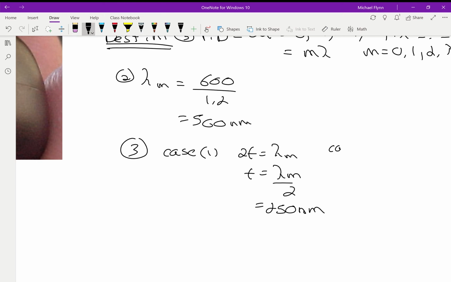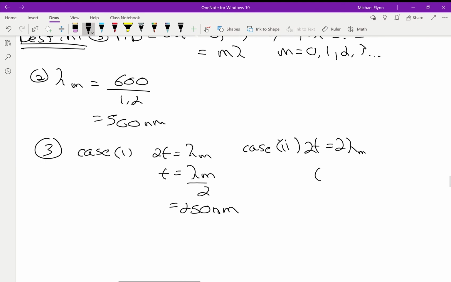Case 2: if I want another band, 2t equals 2 wavelengths, and then I'll just get t equals 500 nanometers.